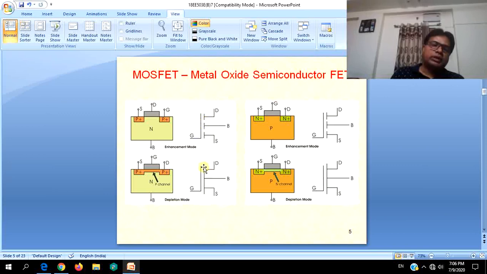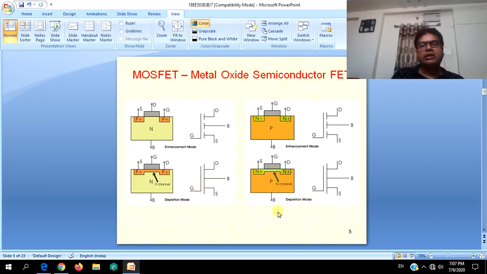And in the symbol, there is a gap shown between the gate and the actual MOSFET, showing that there is no electrical connection initially between this gate and the actual MOSFET or transistor. That is why it requires some voltage to trigger it, or it is insulated.